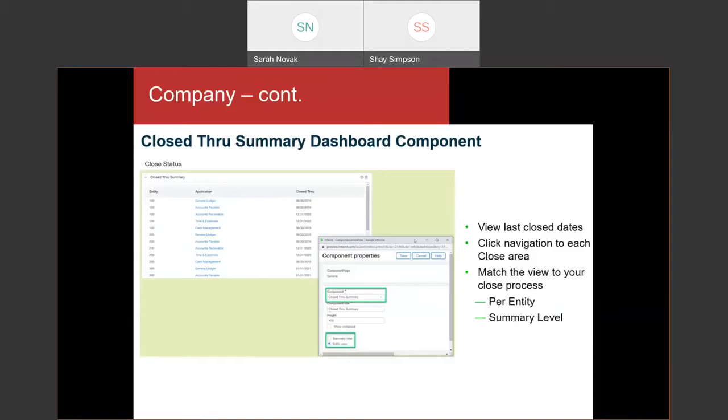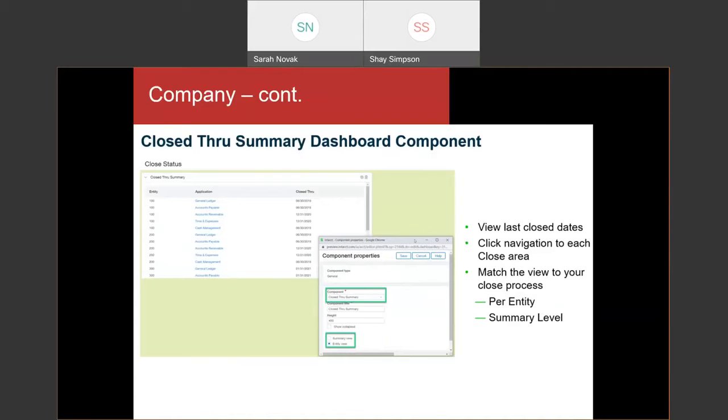So we want to see, as far as our clients that are on the call today, how many of you close your books, and if so, how frequently? Sarah's going to give us adequate time to complete this. Yep, it is open. We've got a little over a minute left, but looks like most people have finished.